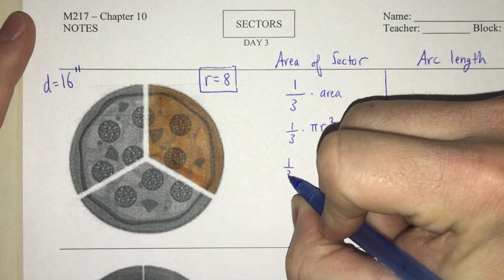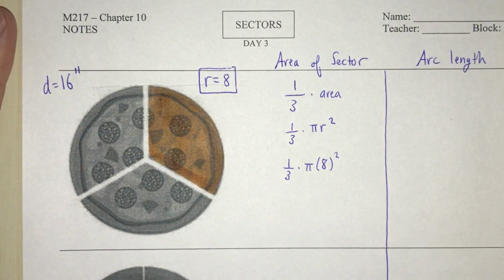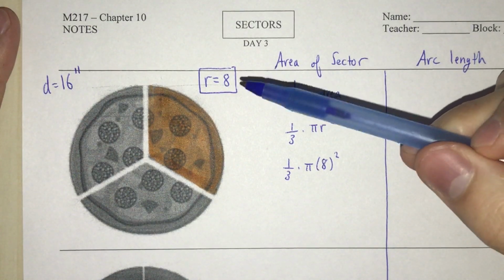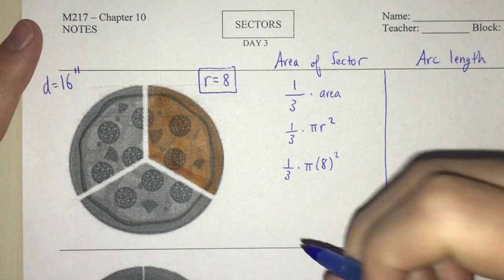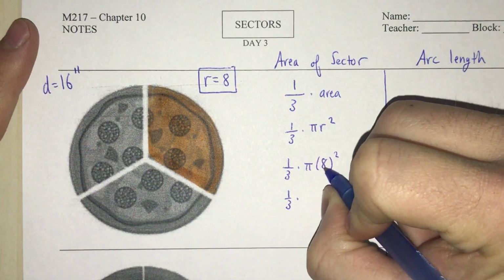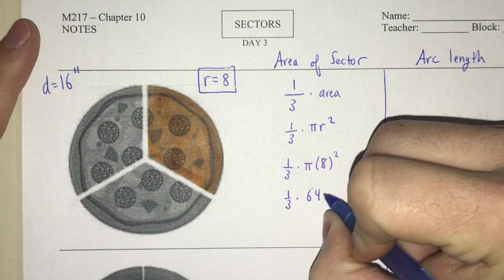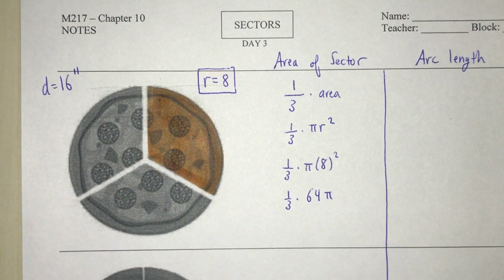We have 1/3 times pi times 8 squared, because again, the radius is 8, and I need that for my formula. So that would be 1/3 times 8 squared, 64. So that's 64 pi. I want 1/3 of 64 pi. That doesn't simplify really nicely. Your final answer is not always going to be gorgeous and beautiful like me.